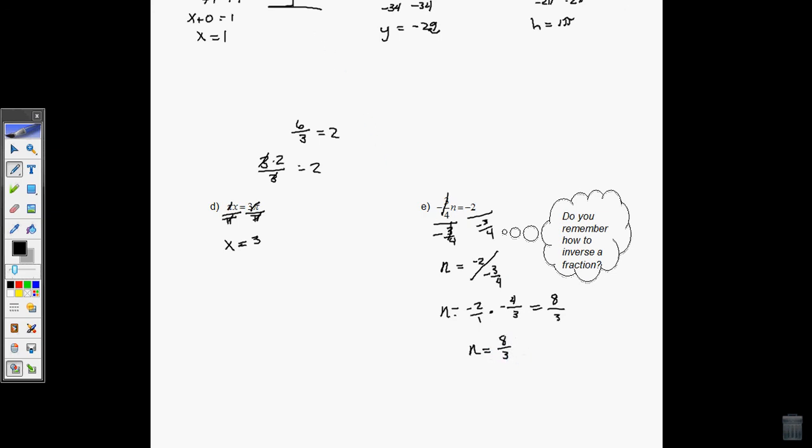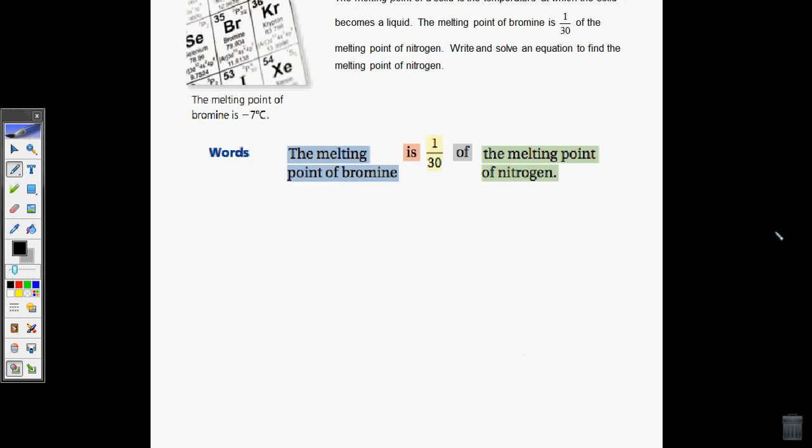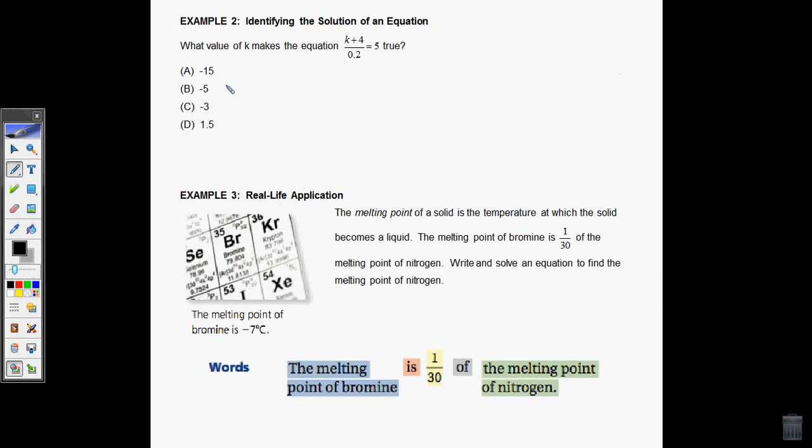Fantastic. Alrighty. Almost to the end, we have a multiple choice question here, which brings up an interesting point. I'm not going to necessarily show you how to solve this because there's multiple steps going on, but we want to identify which value of k makes this equation true.